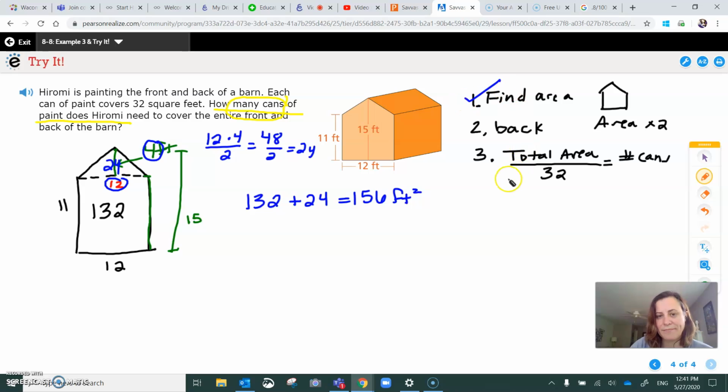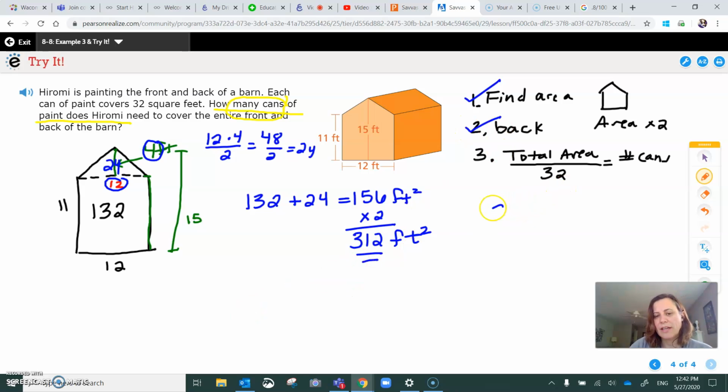So, done. Second step is you have to remember there's a back of this barn as well. So I'm going to take that area and multiply it by 2. 156 times 2. 150 times 2 is 300. 6 times 2 is 12, so that's going to be 312 square feet. All right, so that's our total area.